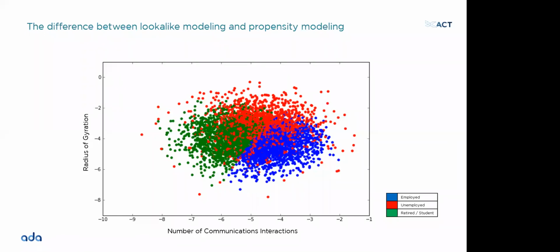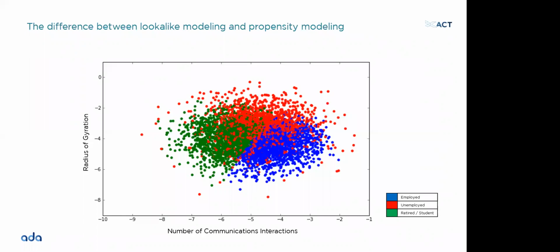Other DMPs also use modeling techniques to make inferences about users for which data is incomplete, from those users that they have complete data on. Most DMPs do that, and they do that using a method called lookalike modeling.